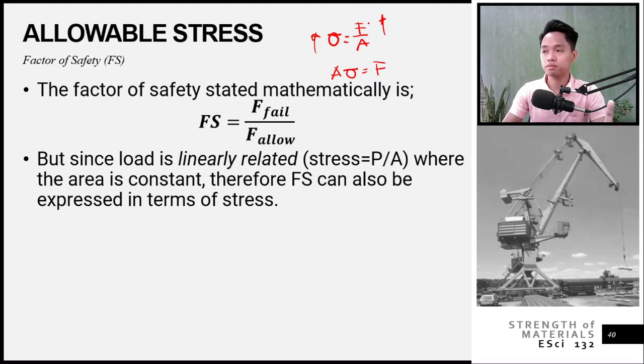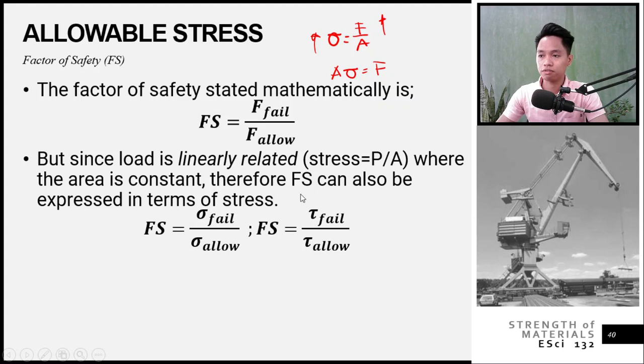Meaning, if force increases, stress increases. Therefore, we can just express the factor of safety in terms of stress. For normal stress, we have failure stress over allowable stress equal to the factor of safety. For shear stress, likewise, failure shear stress over allowable shear stress is equal to the factor of safety.